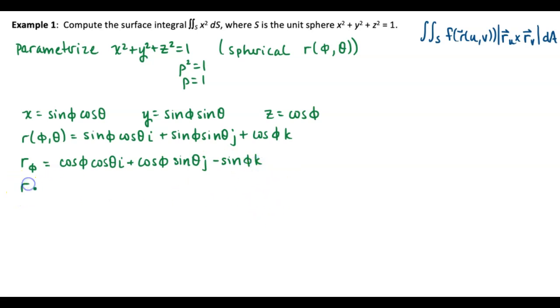With respect to theta, treating phi as a constant, this is going to look like negative sine of phi, sine of theta, i, plus sine of phi, cosine of theta, j. In terms of theta, this is just a constant, so plus 0k.